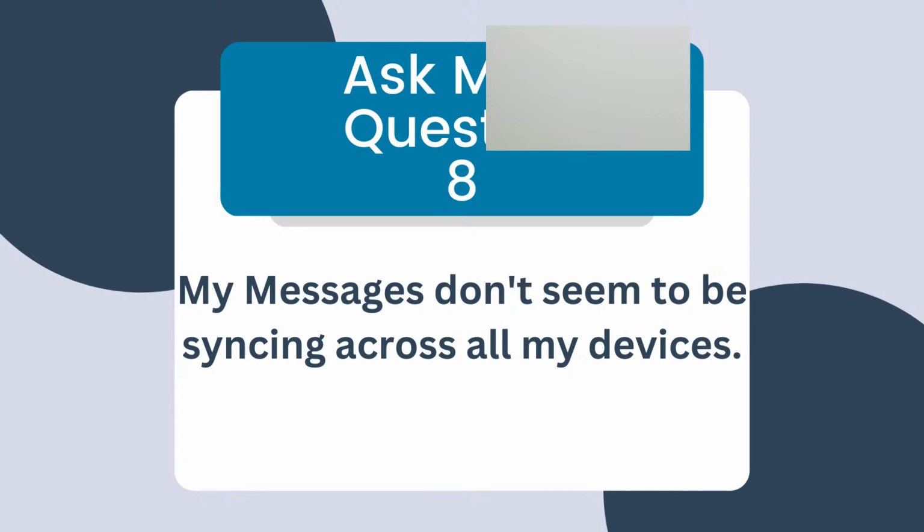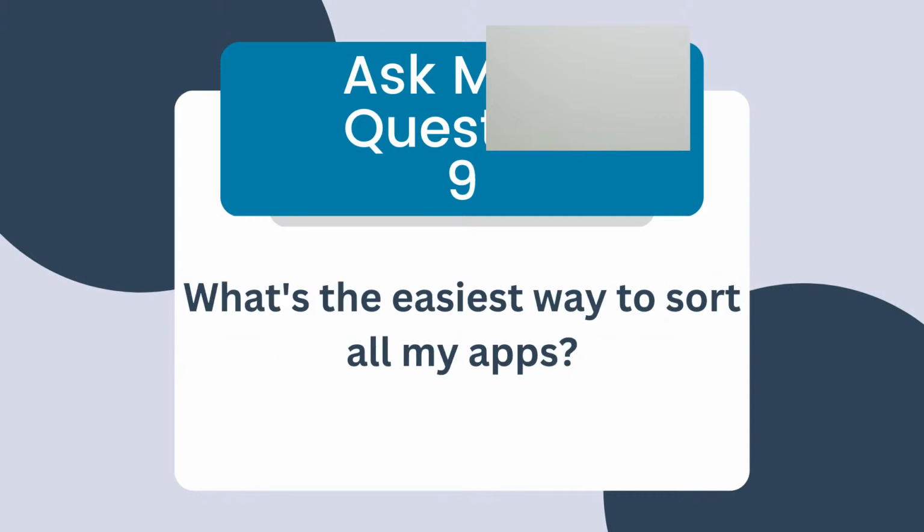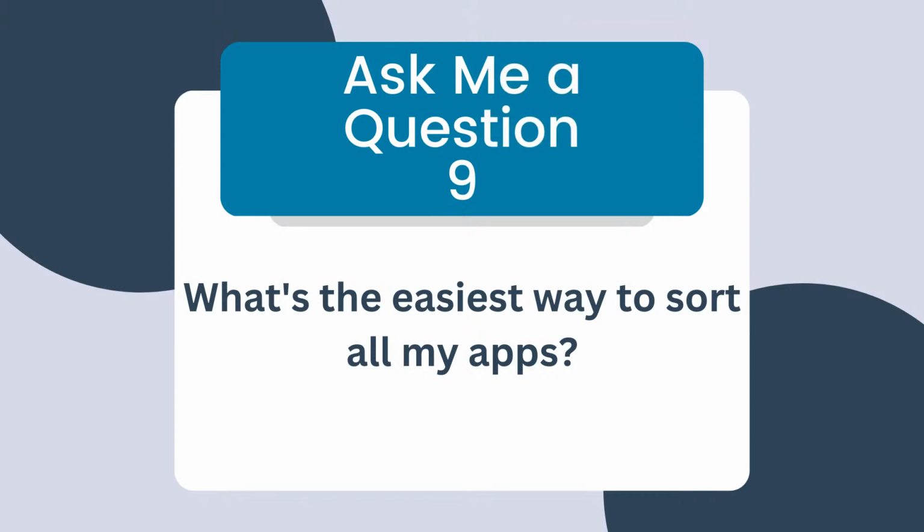All right, let's go to question number 9. Let me see if I can remove that sync. There we go. What's the easiest way to sort all of my apps?